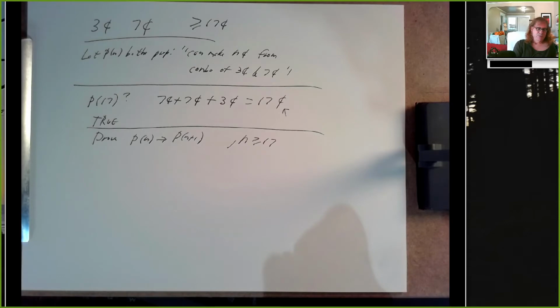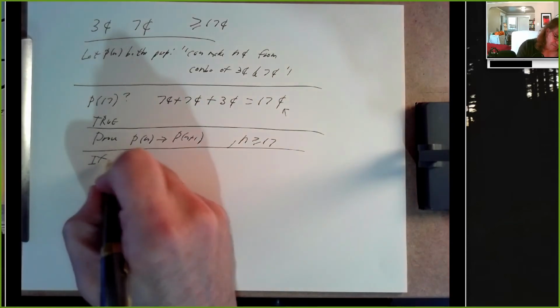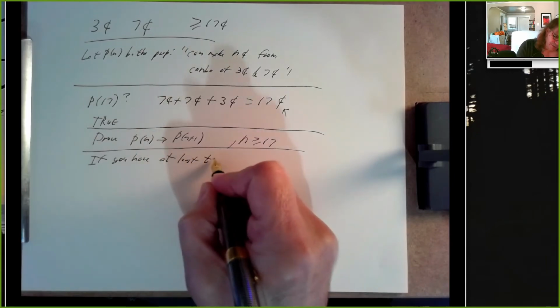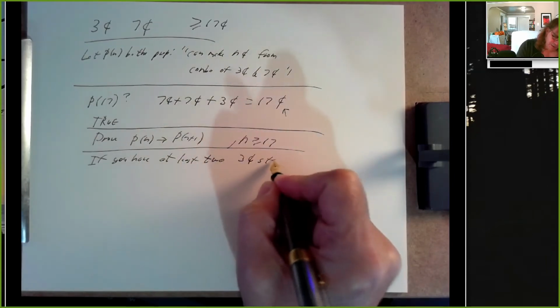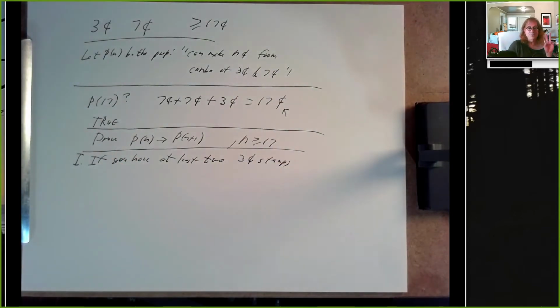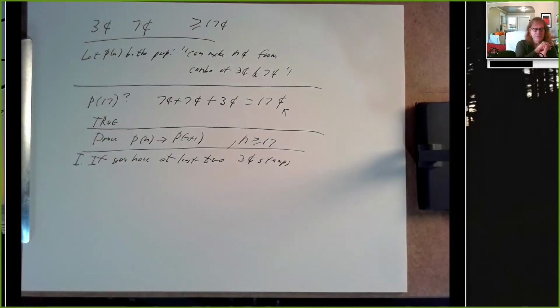So there's one really easy case, which is if you have at least 2 3-cent stamps. So this is going to be case 1. If you have at least 2 3-cent stamps, what can you do? Peel those off, replace them with a 7-cent stamp. So take away 6 cents by peeling off 2 3-cent stamps. Take away 6 and then add 7 by putting down a 7-cent stamp. You've increased the postage by 1.